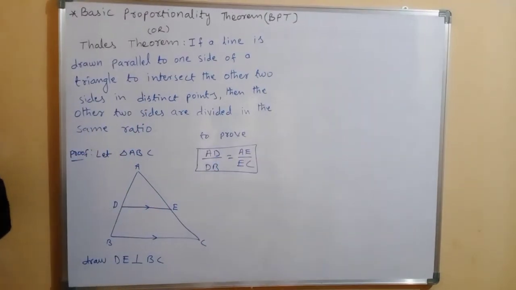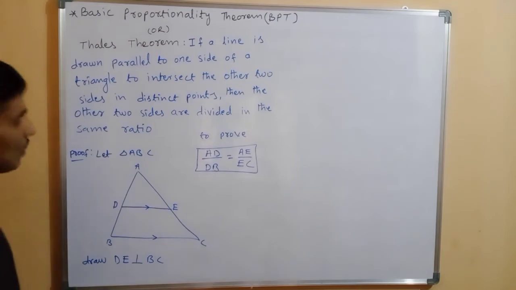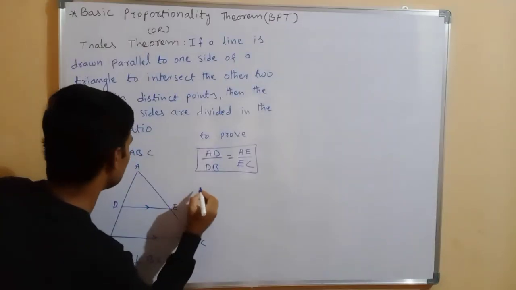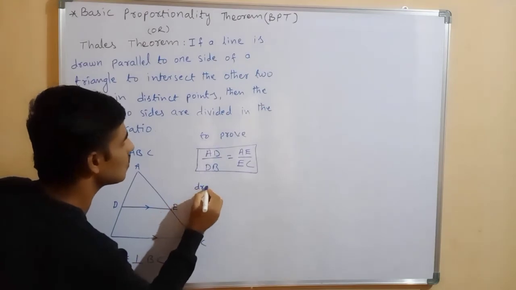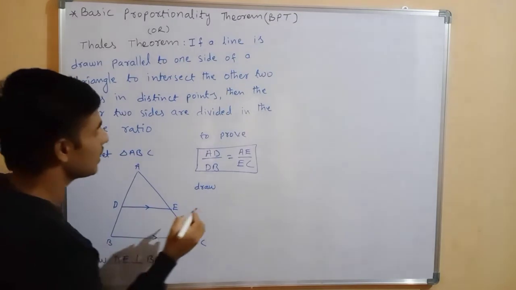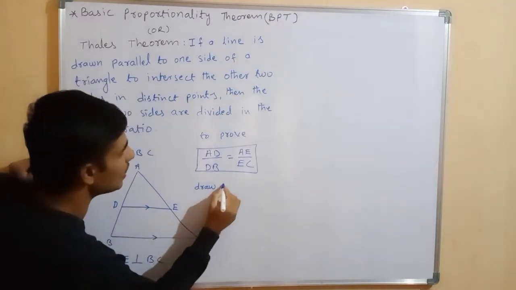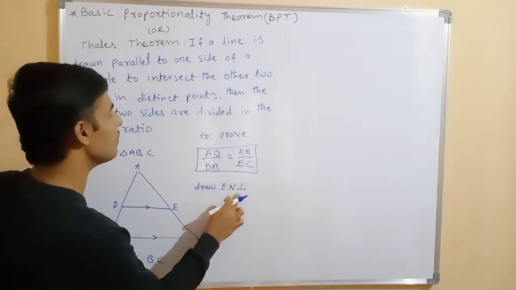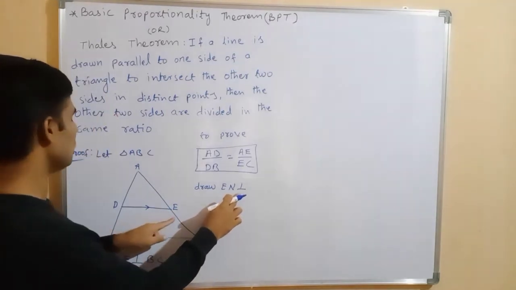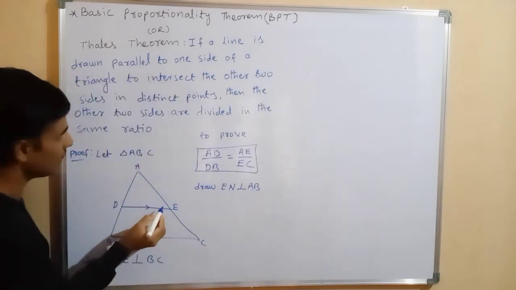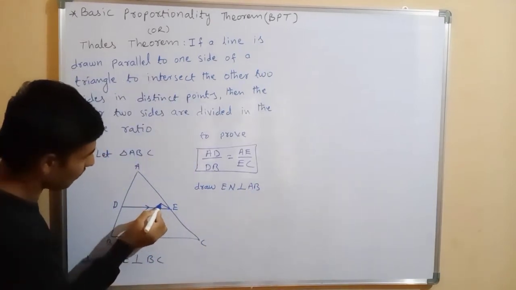For this, first we have to draw one more line. I am drawing EN perpendicular to AB. You draw one perpendicular line.